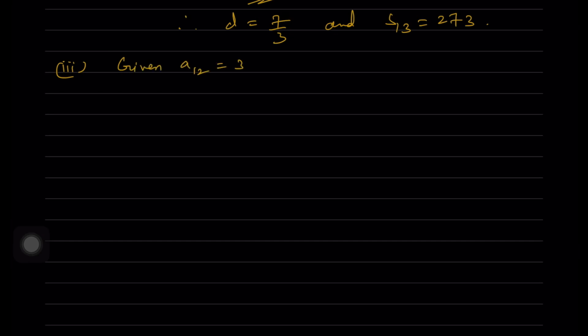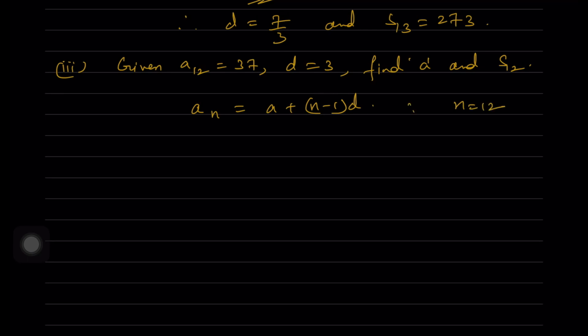Given A12 is equal to 37, D is equal to 3, find A and S12. Because D is given as 3, we have to find A and S12. So An is equal to A plus n minus 1 into D. Substituting the values, n is equal to 12.